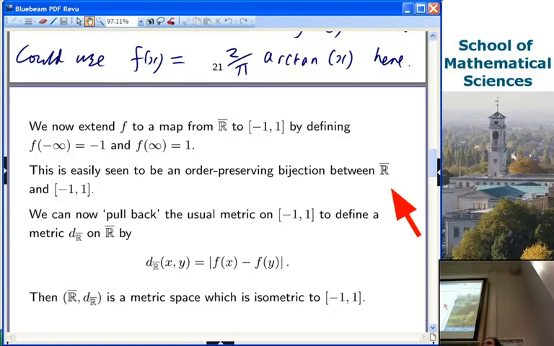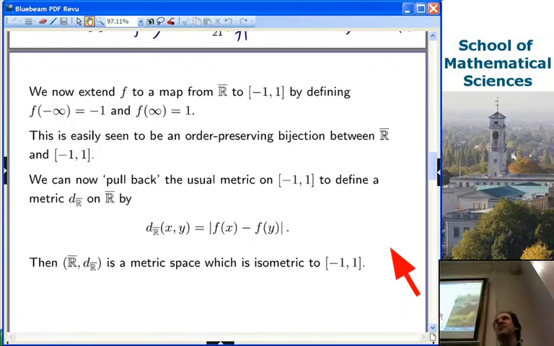But now you can pull back the metric. Here's the pullback metric. I mentioned this before. You did it in G13 MTS probably. If you didn't, then this is how you pull back a metric. My distance in R bar, and I've told you which function f I'm using, but if you want to use your function, it'll be just as good. It won't change anything else I'm going to say, so it doesn't matter.